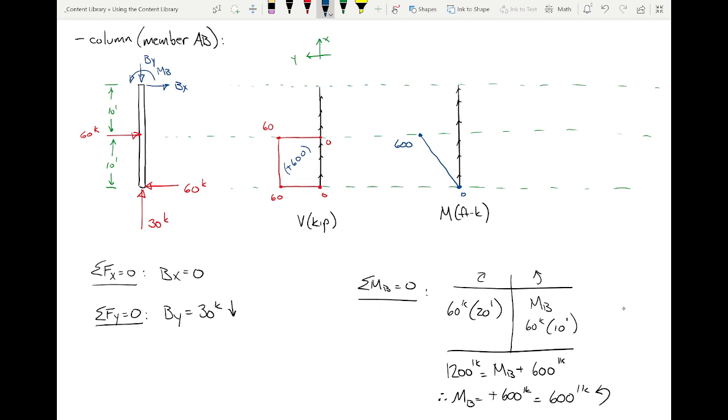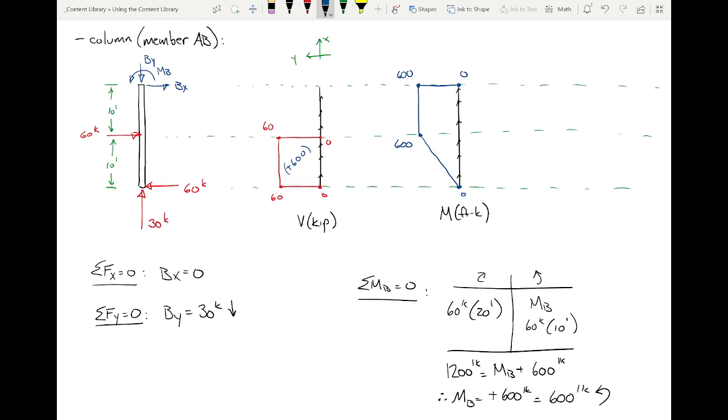What about from the middle to the top? Straight line, straight up. And then what happens at the top? That's it.